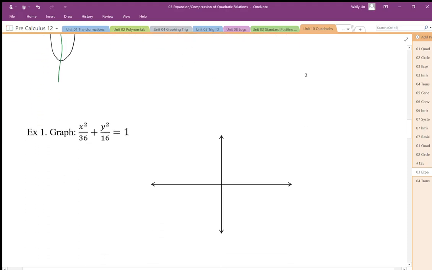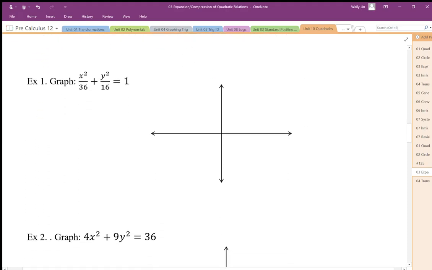When we want to graph these, they are centered at 0, 0. All I really need to know is my A and B values. My A is my x-axis radius, which is the square root of 36. My B is my y-axis radius, which is the square root of 16.